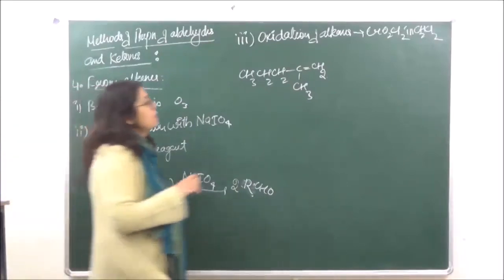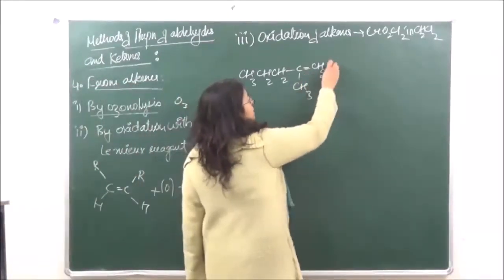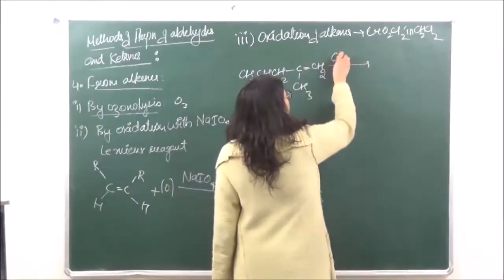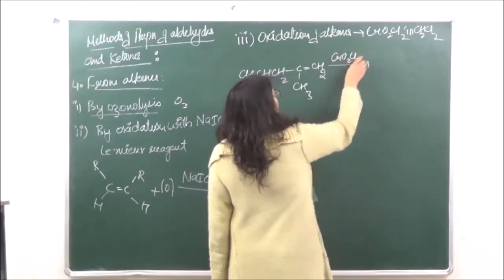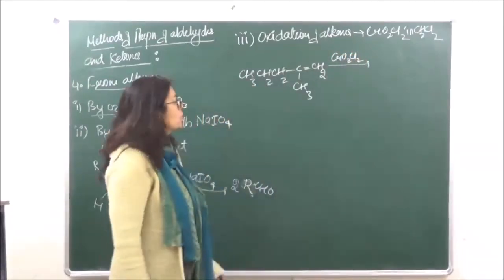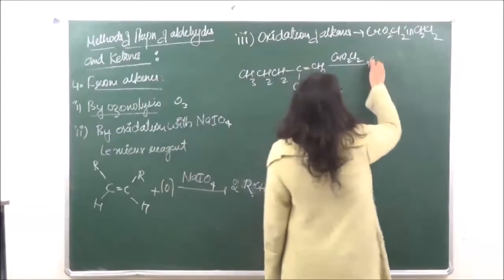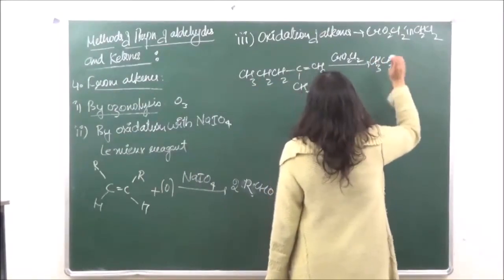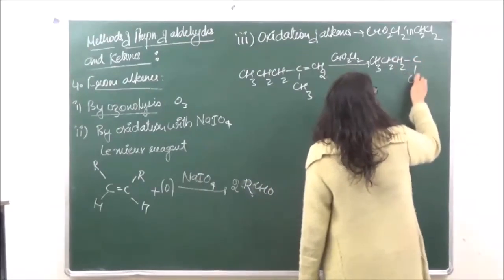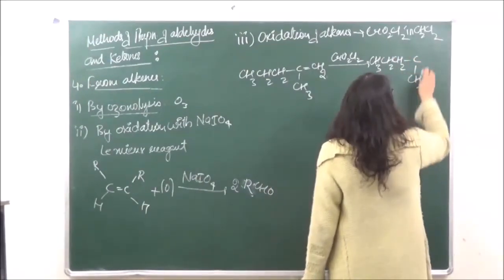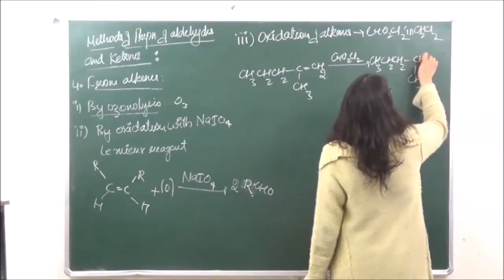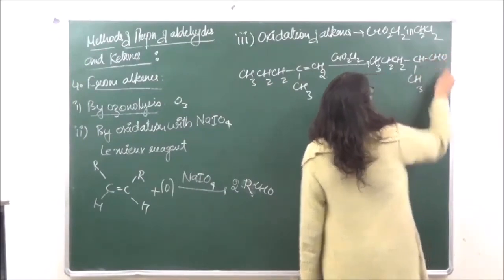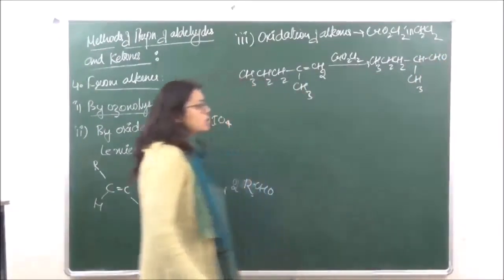Over here, this is going to be converted into an aldehyde. So we are taking CrO2Cl2. This is going to be converted into CHO.